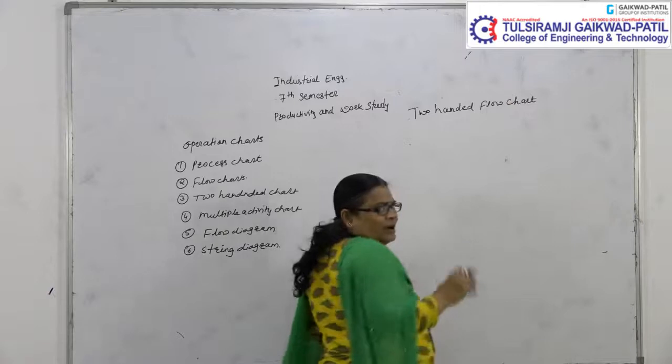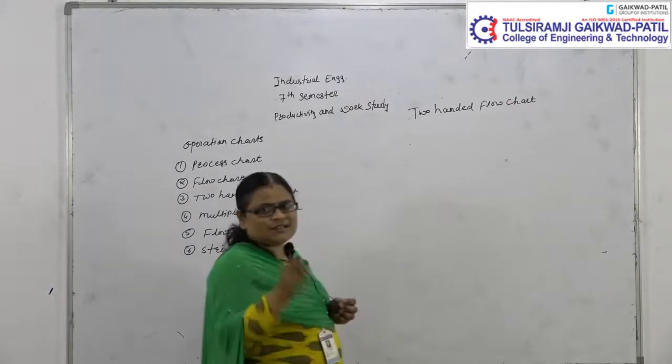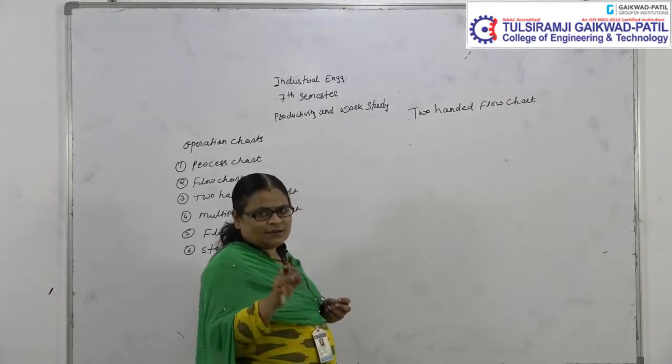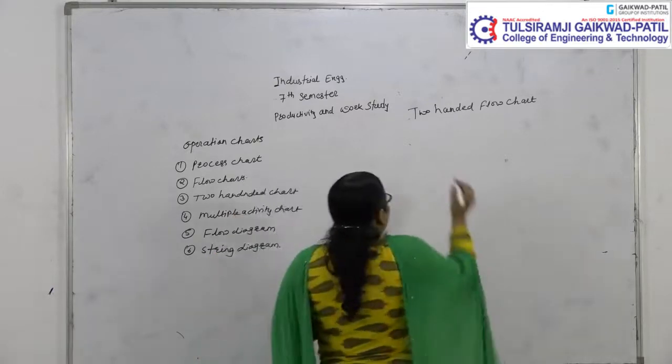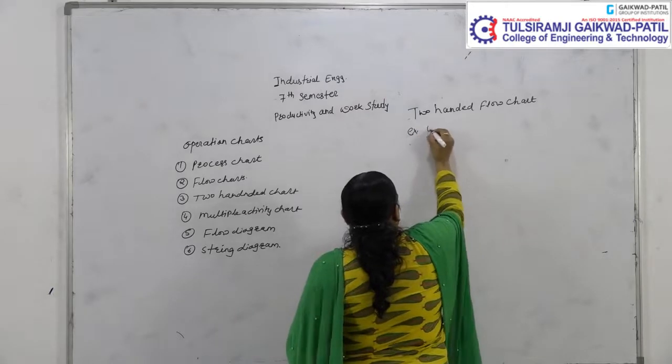So in this two-handed process chart, we have to use the left hand as well as the right hand. So for example, writing a letter.